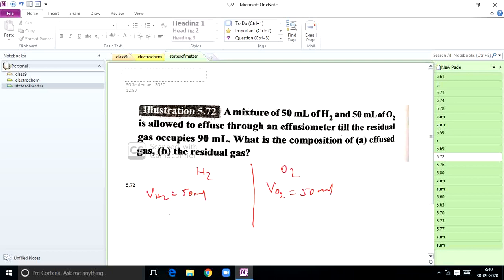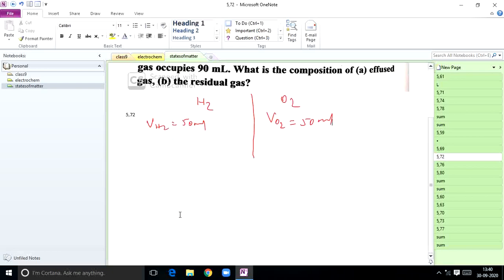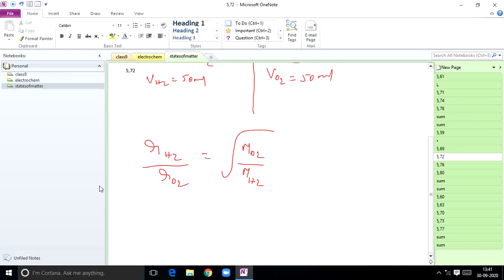Rate of effusion of hydrogen divided by rate of effusion of oxygen is equal to square root of molecular weight of oxygen divided by molecular weight of hydrogen. That is Graham's law formula. So what ratio they may be here? Rate of effusion of hydrogen by rate of effusion of oxygen is equal to square root of 32 by 2. So you will get 4. Right?